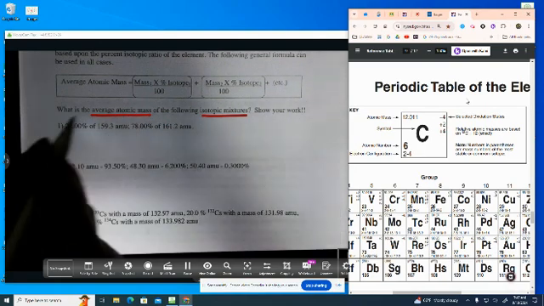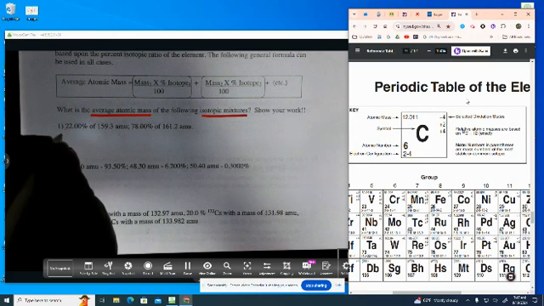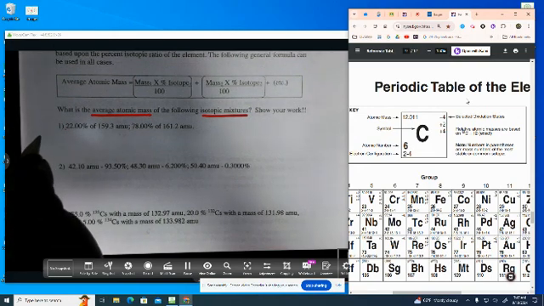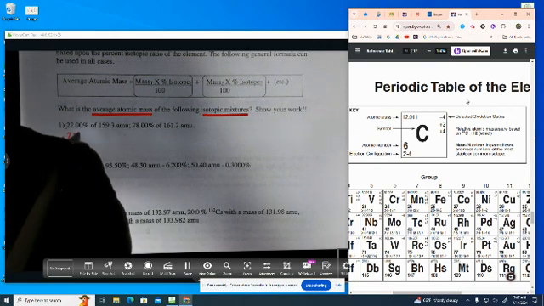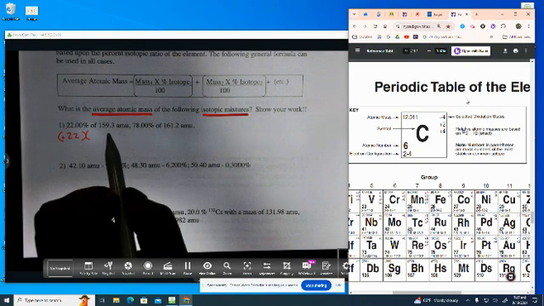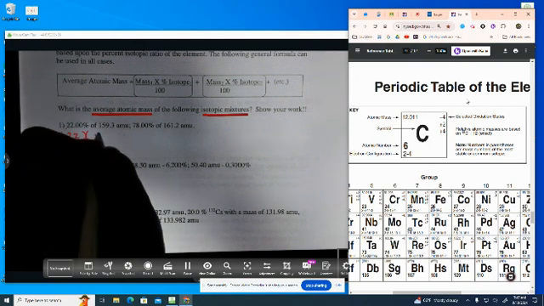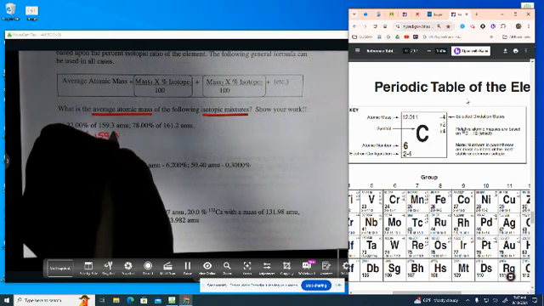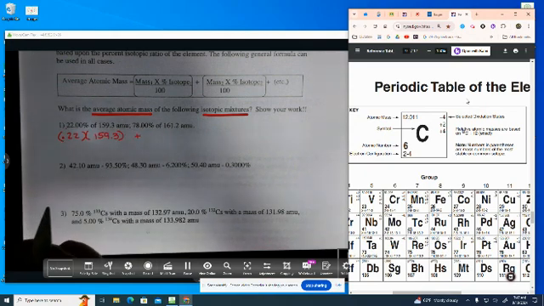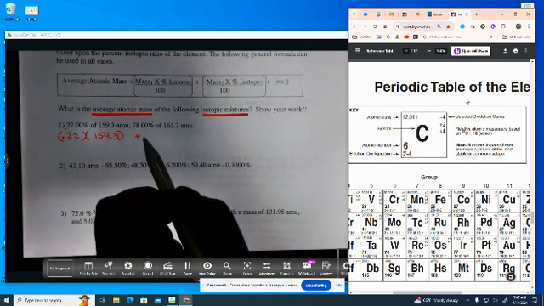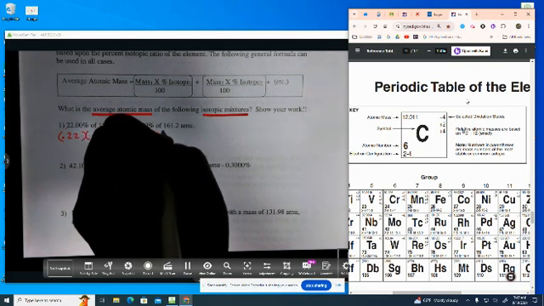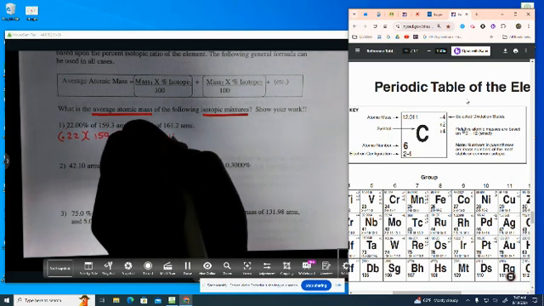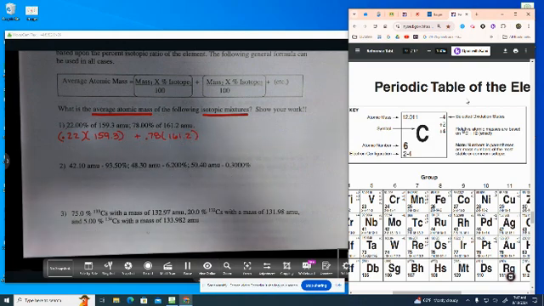Let's write it out. We've got 22%, so we're going to change that to a decimal. It's going to be 0.22 times the mass, which in this case is 159.3, plus 78%, which is 0.78 times the mass, 161.2.